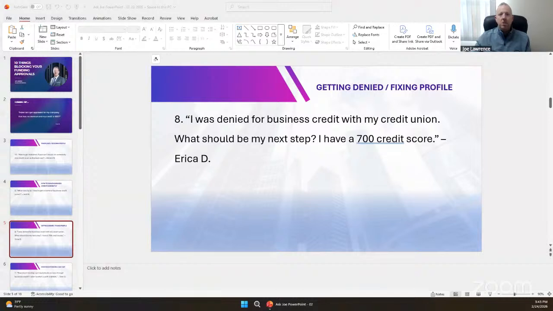For example, I'm in New Jersey, and Financial Resources Federal Credit Union is a great local credit union. They host events for small business owners. They attend events for small business owners. They're on Facebook. You can network with them, and a lot of these community banks and credit unions are portfolio lenders, which means they lend their own money and they make their own rules.